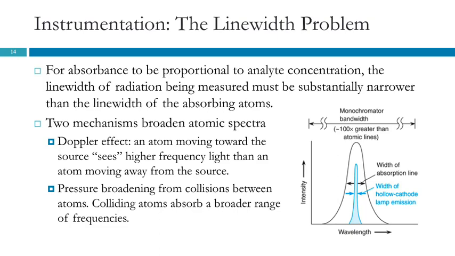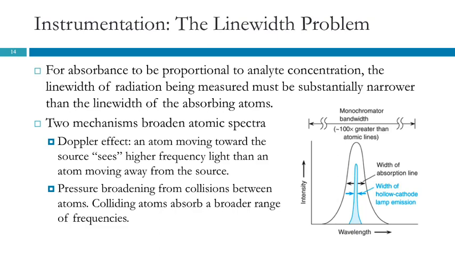So in terms of instrumentation, one issue that has to be considered is what's called line width. So we're looking at a relationship between absorbance and concentration that comes from Beer's law.